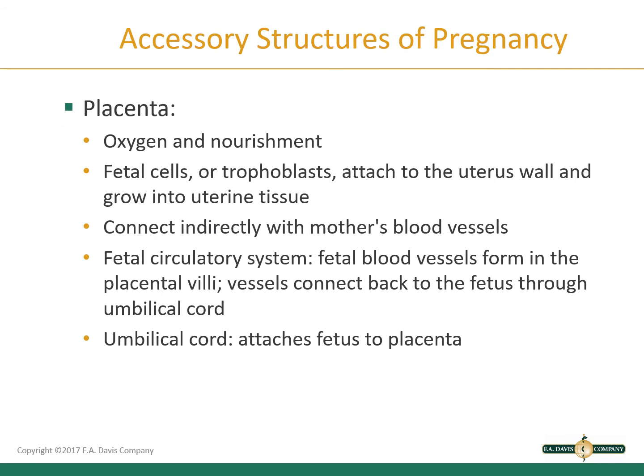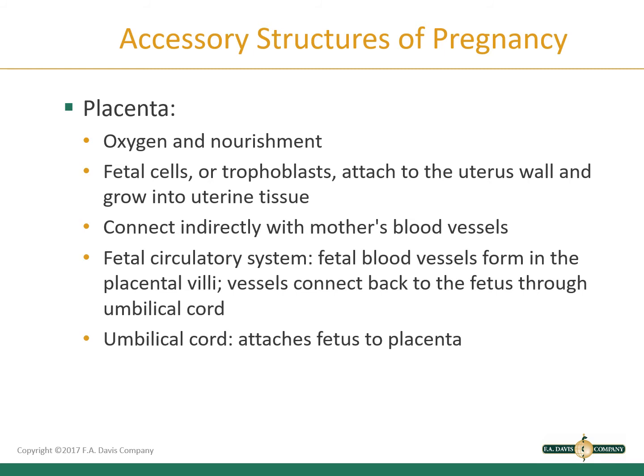Now we're going to discuss the accessory structures of pregnancy that will be of importance. The first one is the placenta. This provides the fetus with oxygen and nourishment. The placenta is an organ that develops in the uterus during pregnancy, and it provides oxygen and nutrients to the growing baby, helps remove waste products from the baby's blood.